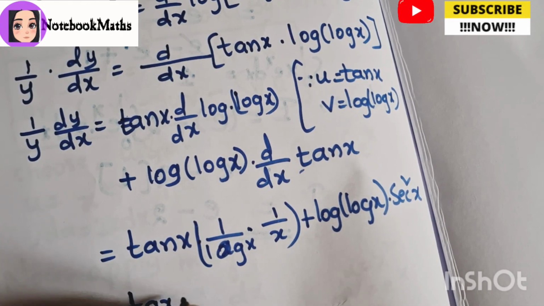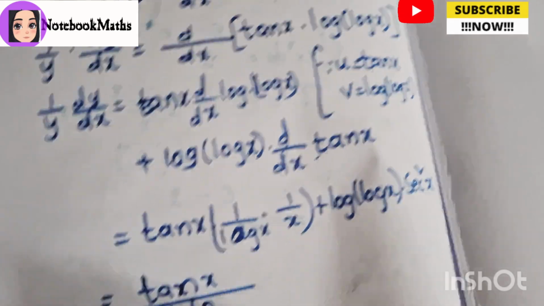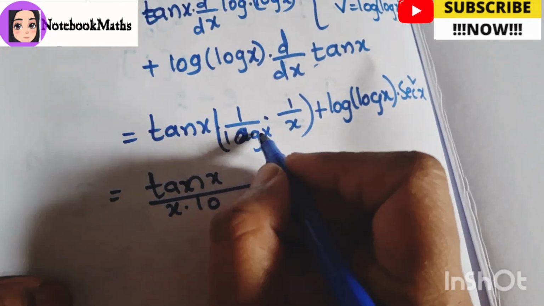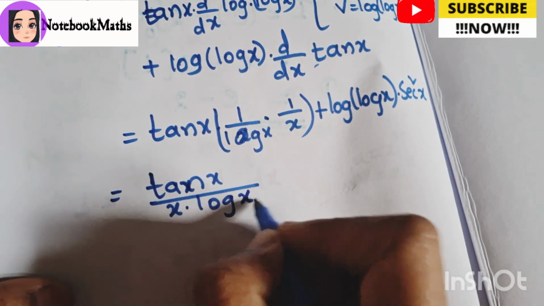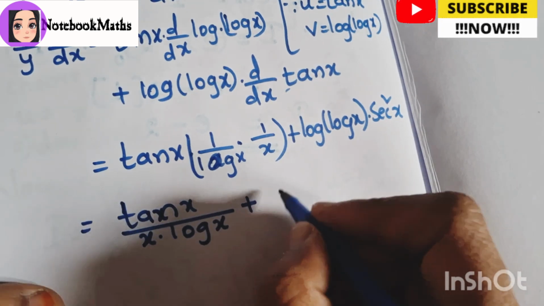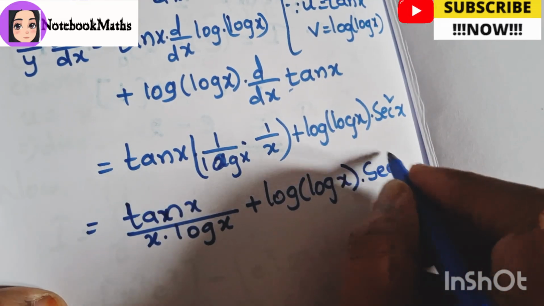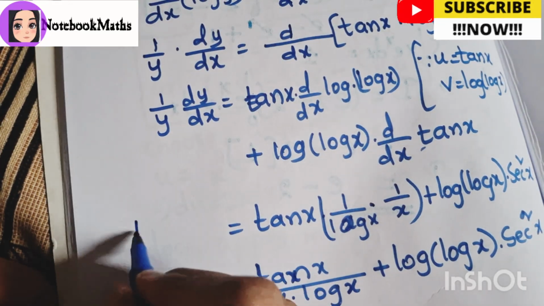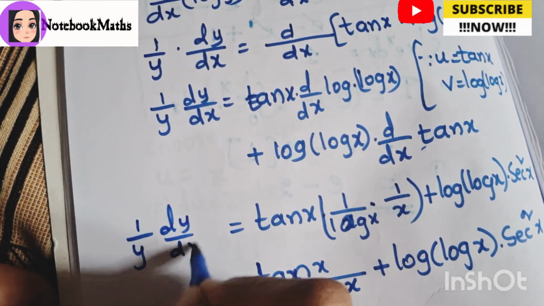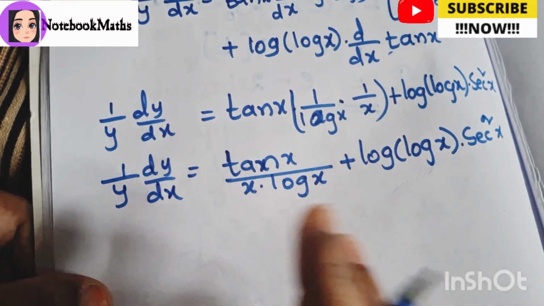So tan x by x into log x, we can write as x into log x, plus log x into secant square x. Now here we have 1 by y dy by dx, and in the given question we have to find dy by dx.